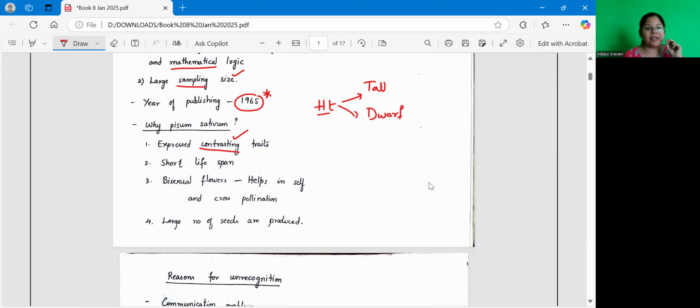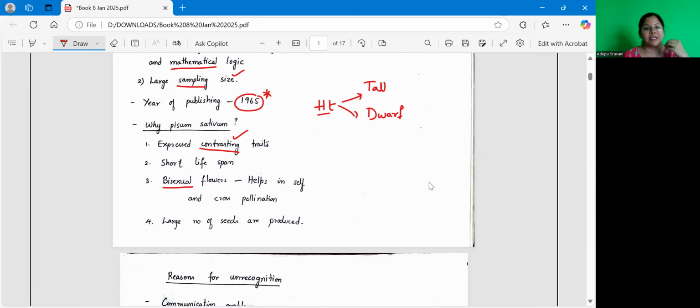Next, the pea plant has a short lifespan. Mendel need not have to wait for many years. Say if the pea plant lifespan was 12 years or 30 years, by the time it is producing the progeny, that is children or seeds, Mendel's half of the life will be over, isn't it? So the short lifespan is one of the advantages.